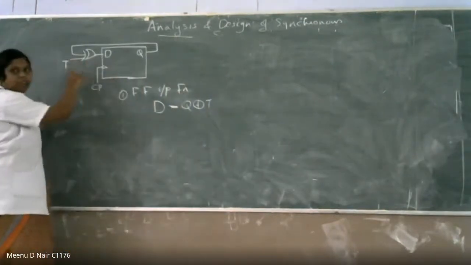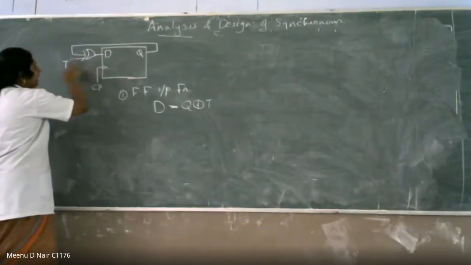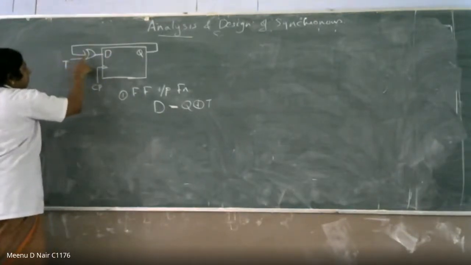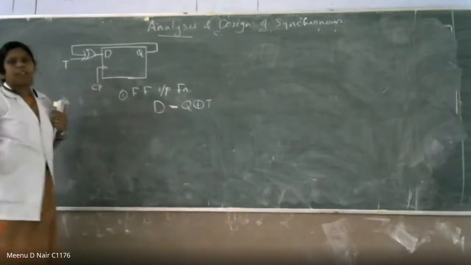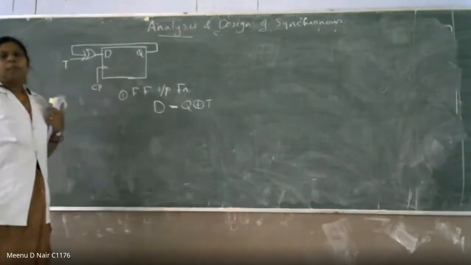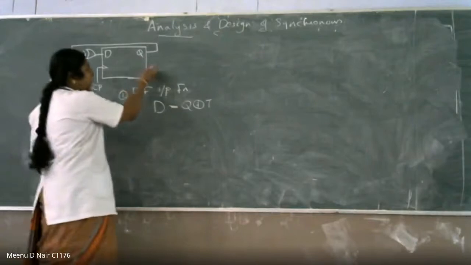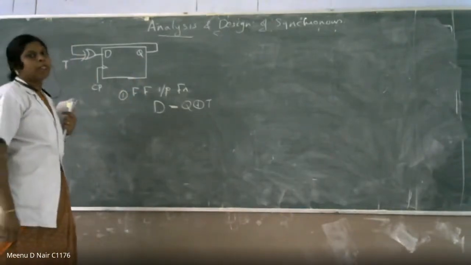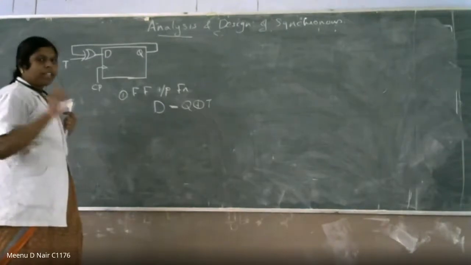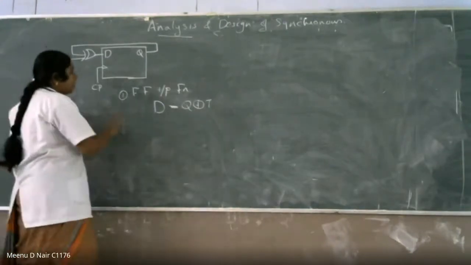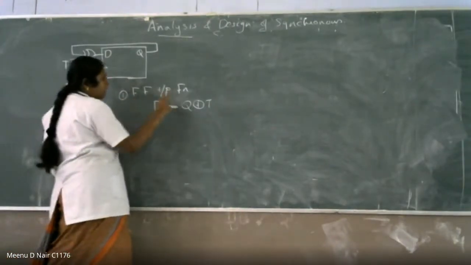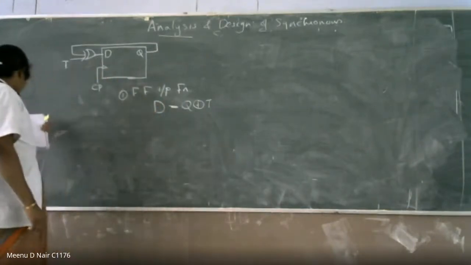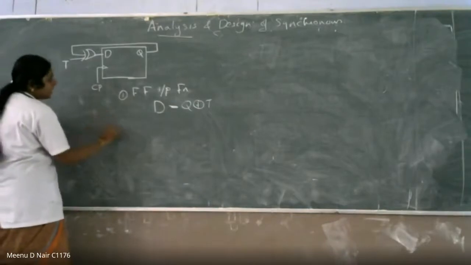D is nothing but Q as the first input, Q XOR C. That is your flip-flop input function. There is no Y output connected here, so you need not find the output Y. We will see that in the second example with an output. So the flip-flop input function is D equals Q XOR C. This is the first point.